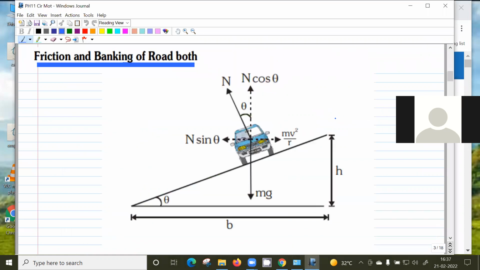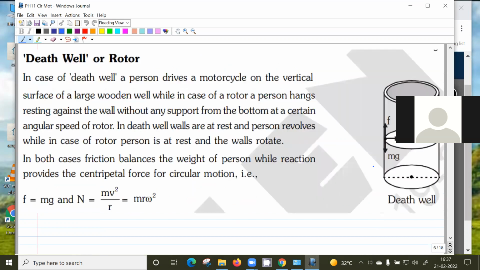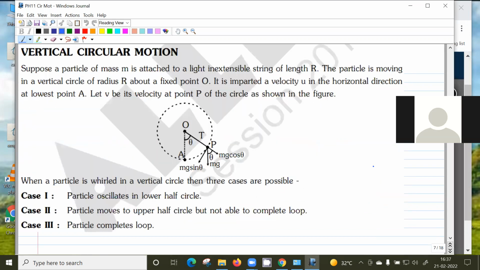These are from Newton's laws of motion. Yes, but this is circular motion. Another difficult thing in circular motion is vertical circular motion. The concepts are not complicated.